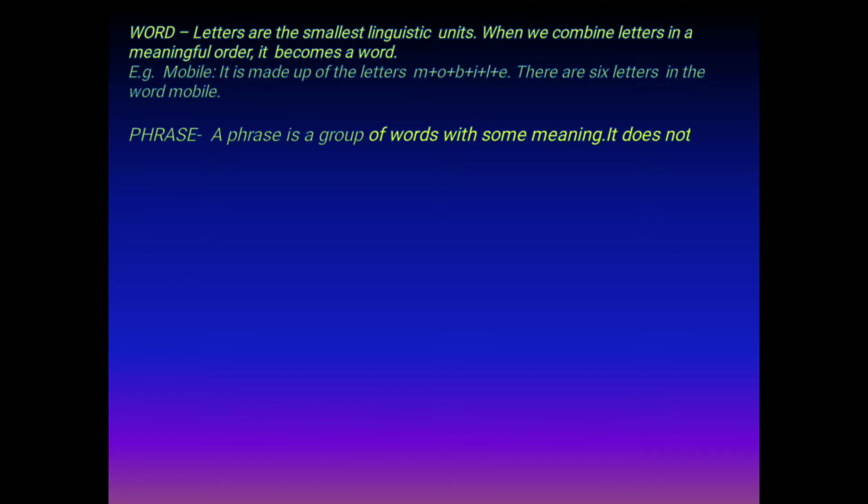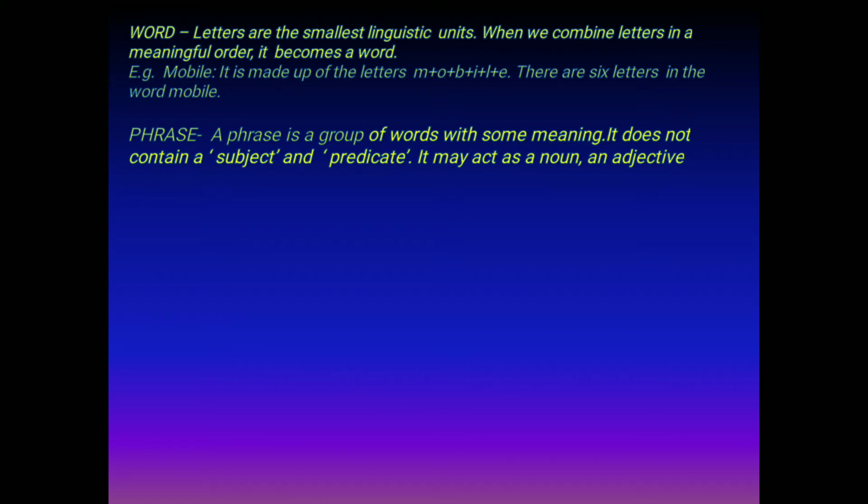Next is phrase. Now we will come to know what is a phrase. So a phrase is a group of words with some meaning. It is a group of words that stands together as a single grammatical unit, typically as part of a clause or a sentence.